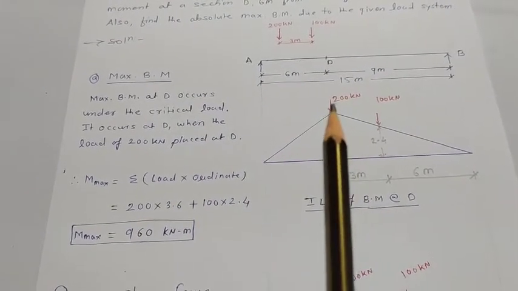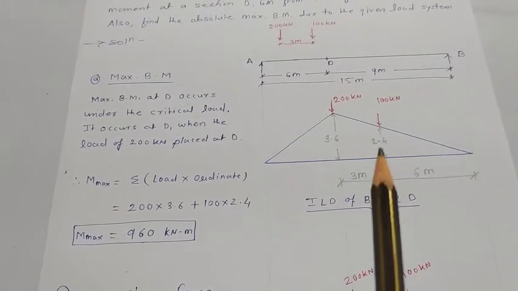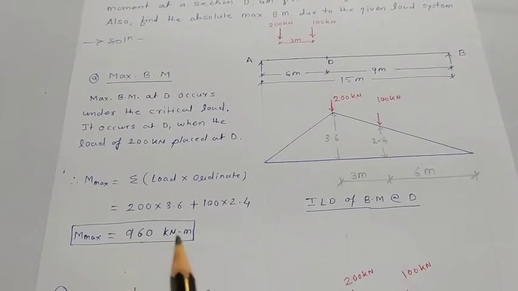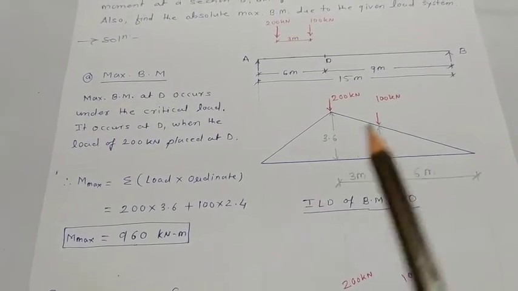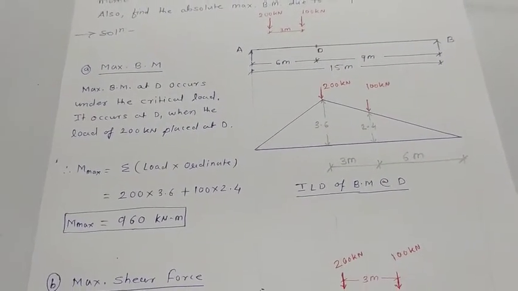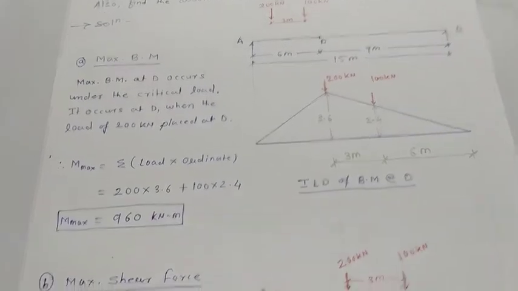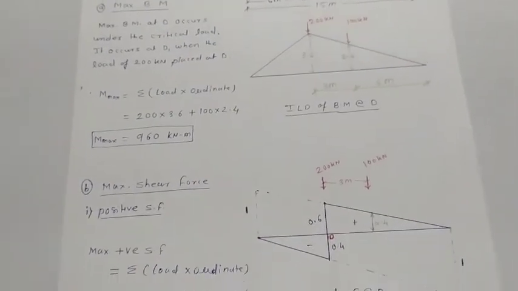So 200 multiplied by this ordinate plus 100 multiplied by this ordinate, okay. You will get maximum 960 kilonewton meter bending moment, okay. And this ordinate is calculated with the help of similarity of triangles, okay. So this one is the maximum bending moment.